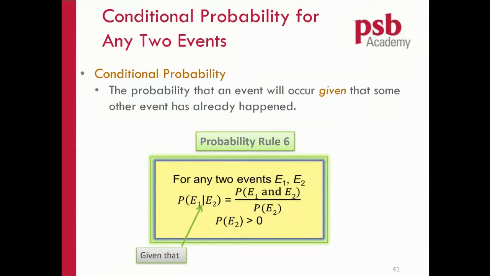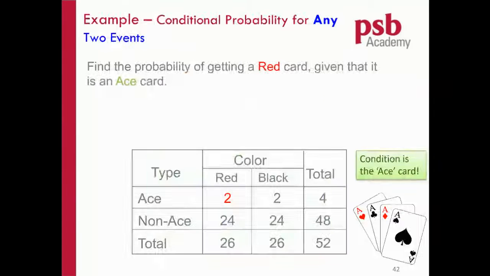So let's look at another way you can find probability. If I tell you that I'm taking an ace card, how many ace cards are there here? You only have 4.